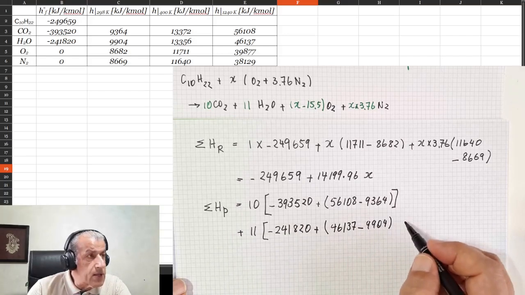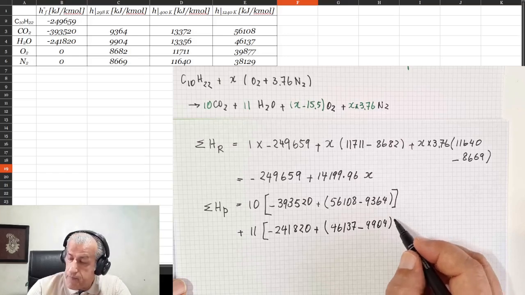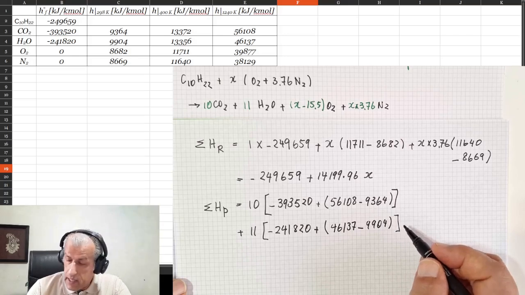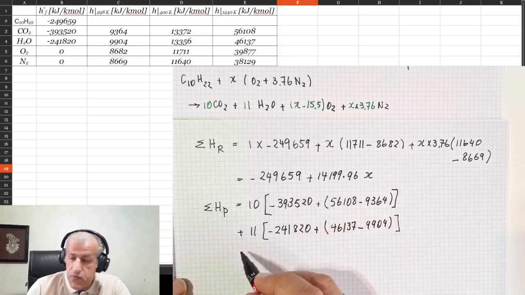That is the enthalpy due to its temperature difference with 298. And now there are two further terms.